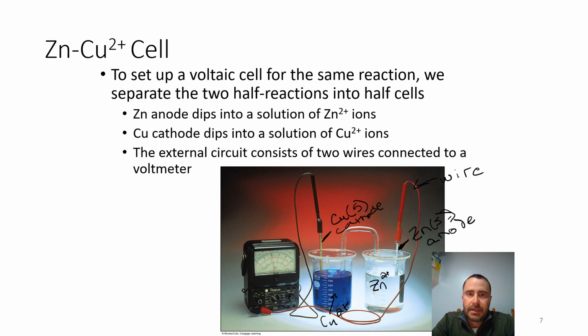Depending on what that voltage is, it allows the electrons to move either more readily or less readily through the external circuit, or our wire in this case. And remember that our electrons are going to move from our anode to our cathode. So they're moving from our anode and back into our cathode there.